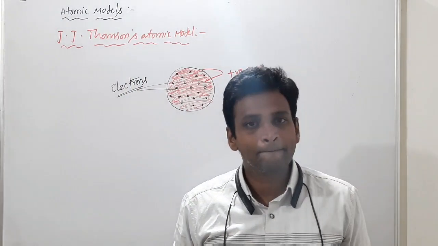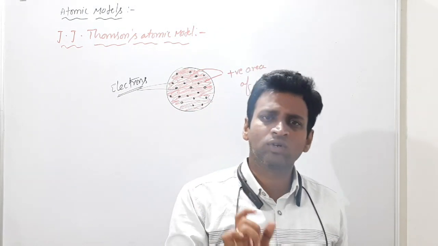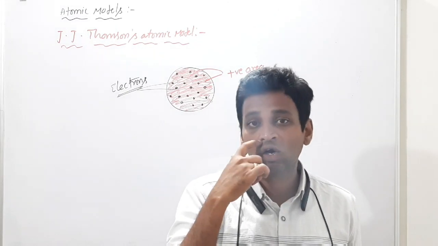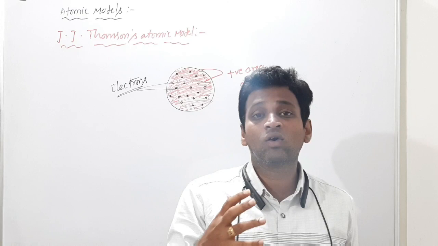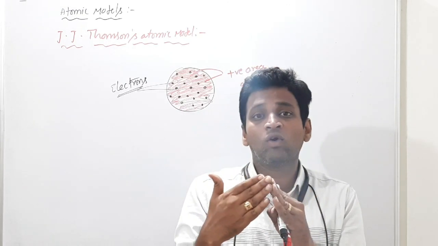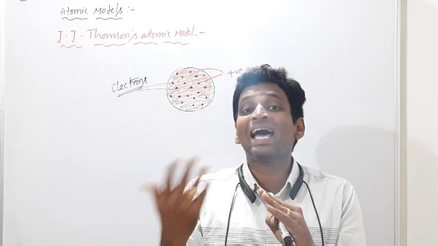Rutherford said the nucleus consists of protons and around the nucleus electrons are revolving in circular paths, which are called orbits or shells. That's why we call the Rutherford experiment the alpha particle scattering experiment. That is like a planetary model.